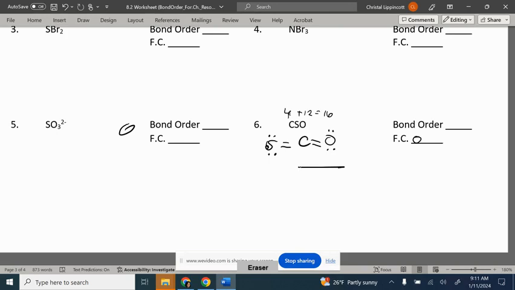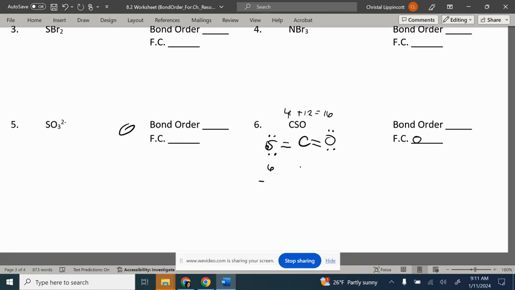Okay. So let's see here what our formal charge would be on our sulfur. Our sulfur should have 6 valence electrons. Remember, we count the columns. We go 1, 2, 3, 4, 5, 6. Okay, and that's where sulfur is. So you know how to get the 6 now? Okay, so that's my should minus my has.